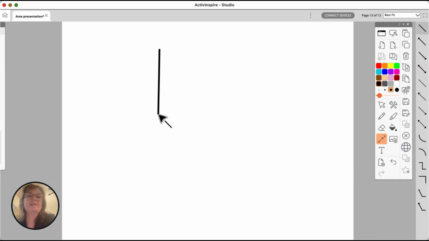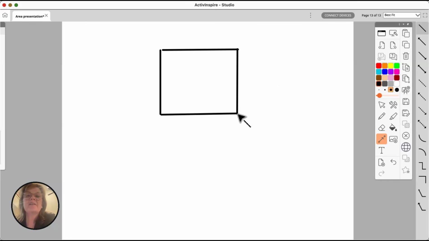So here's one side. Here's another side. Okay, let's make another side. Okay, another side. And the last side. But that's sort of a slanty rectangle. Let me fix that. And the last side of our rectangle.